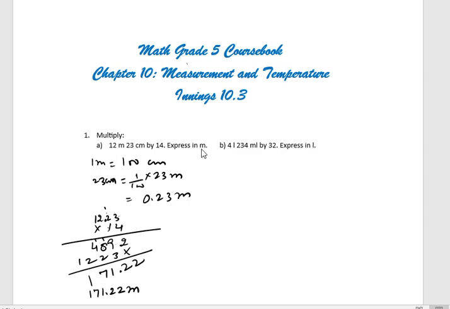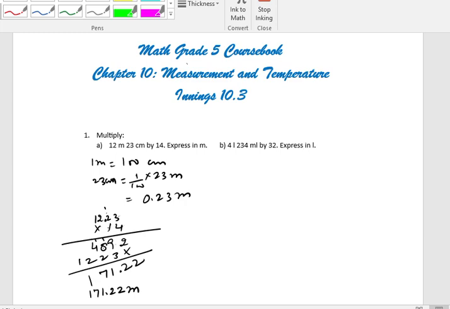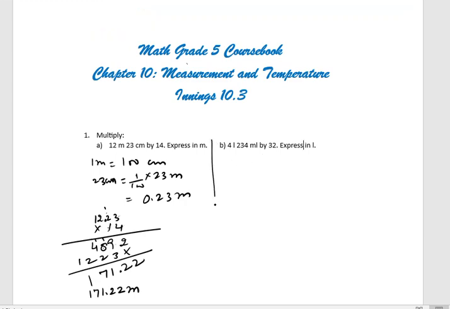Second part is, again we have 4 liters 234 milliliters multiplied by 32 and we have to convert into liters. So we know that there are 1000 milliliters in 1 liter.